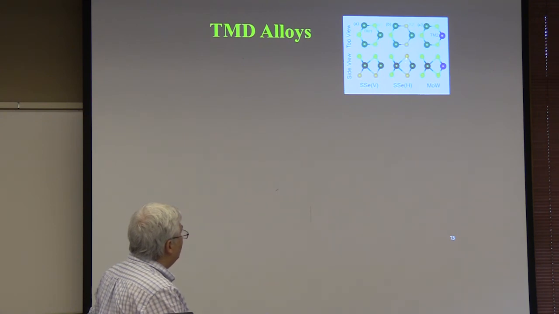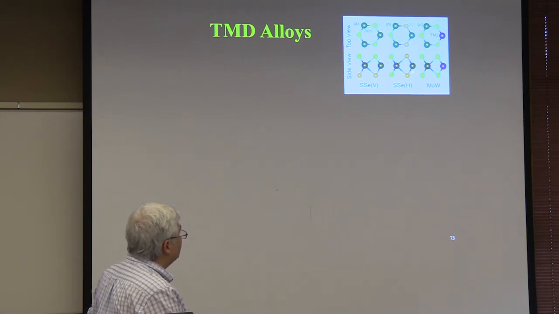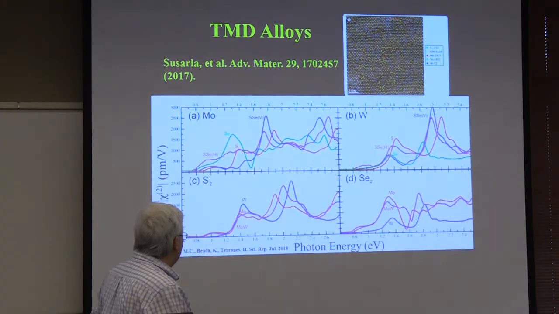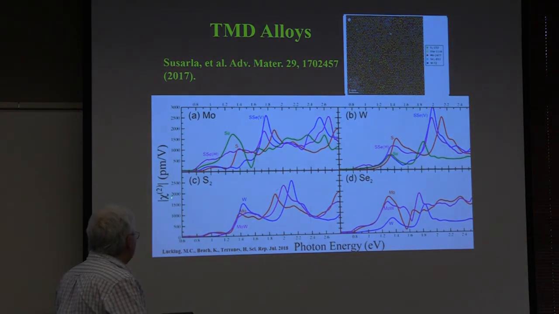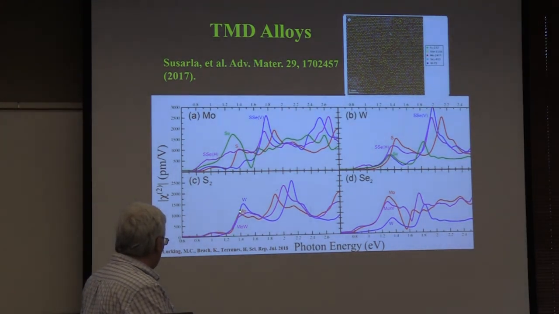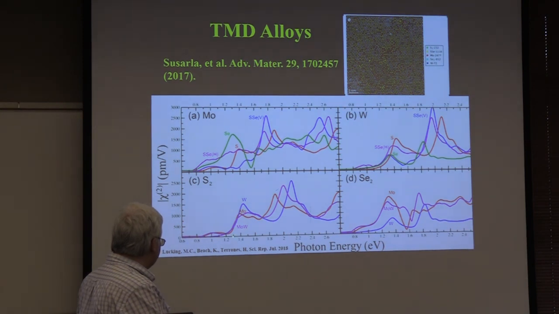This is another way of studying these alloys, which are ordered. Here we have one transition metal and a different transition metal, and we can calculate the chi2, which is related to the second harmonic.